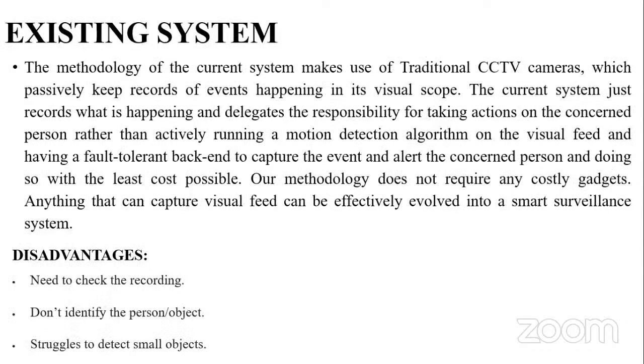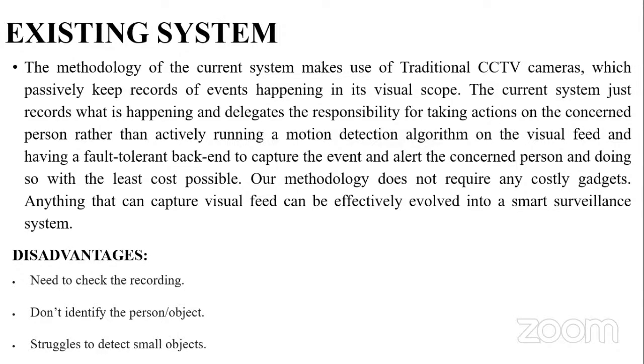So coming to the existing system, currently in our traditional CCTV camera, it will continuously record each frame, but it will not notify the user if we want to detect any person entering the frame or any motion happening. We have to use some algorithm. So in the existing system, it is not there.